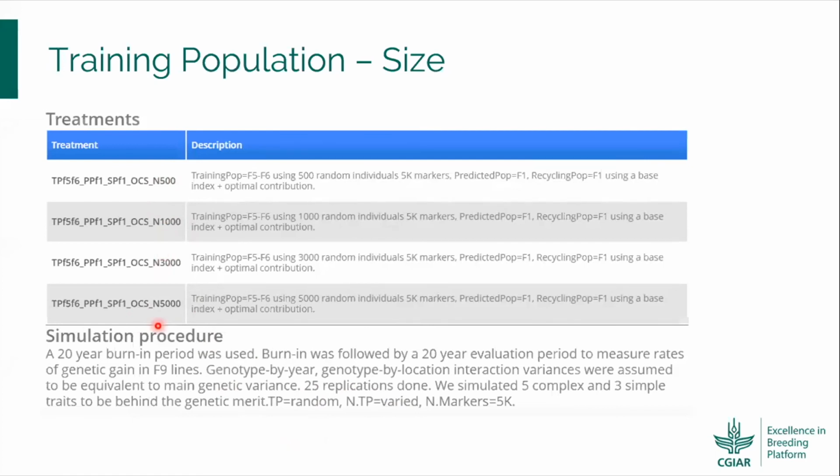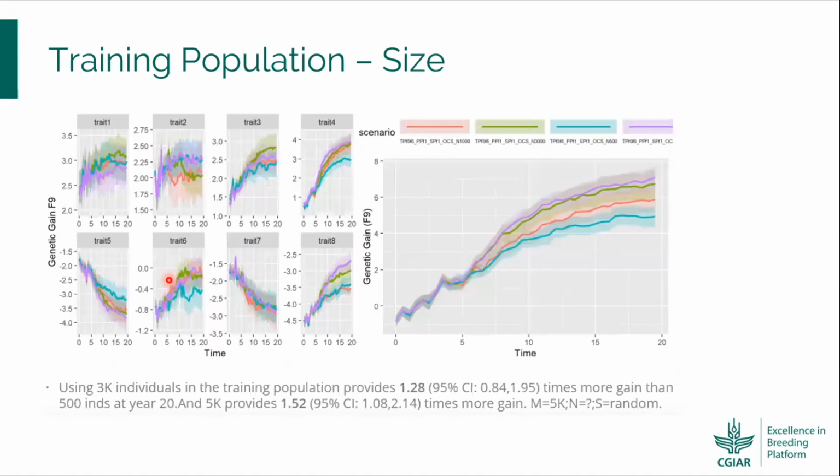We were fixing the rest of the factors to attribute the differences to the number of individuals or records that we put into the model. So we already knew that this many markers, more than 2,500, should be more than enough for 20 years. We know that we should use the newest records, so keep updating the model. And now we wanted to check what happens if you put more and more data into the model.